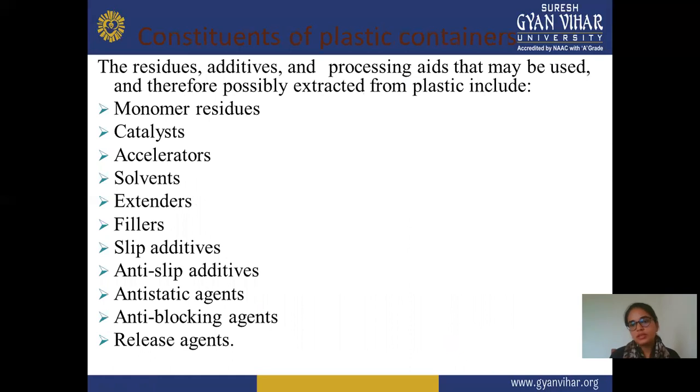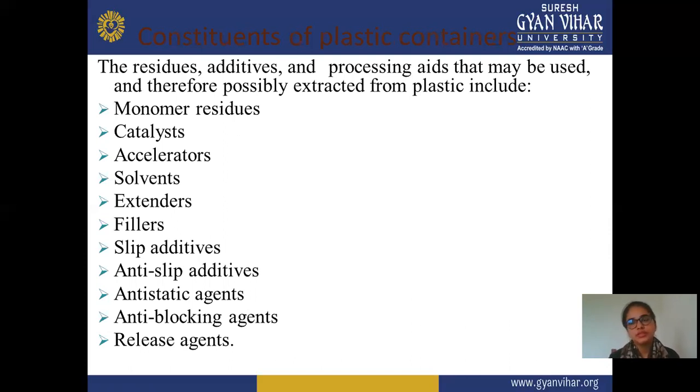Next, constituents of plastic container. These are the multiple materials used as additives in the plastic container. The residues, additives, and processing aids may be used and can be extracted from plastics. These are the number of plastic extractable materials.